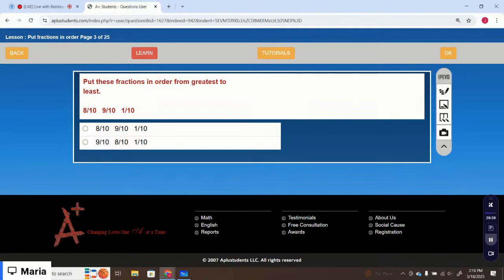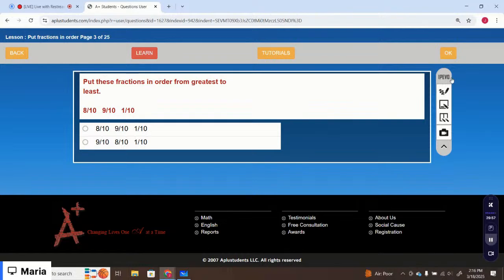Put these fractions in order from greatest to least. From greatest to least, which is the correct option?